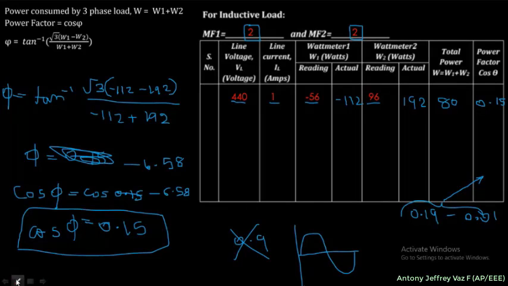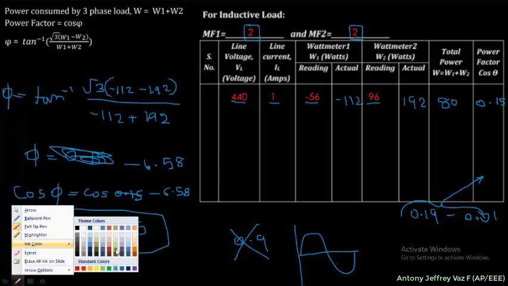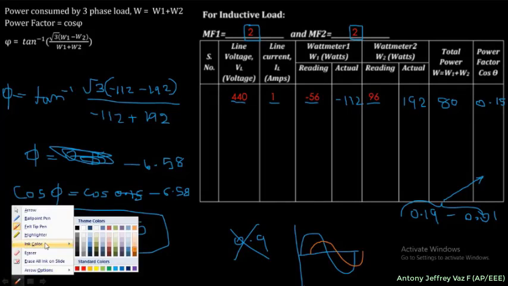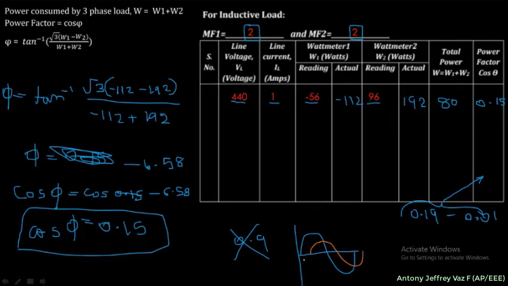For inductive load, this is the voltage waveform, whereas if you see the current waveform, it will be starting like this. So what you have here is the lagging power factor cos phi.